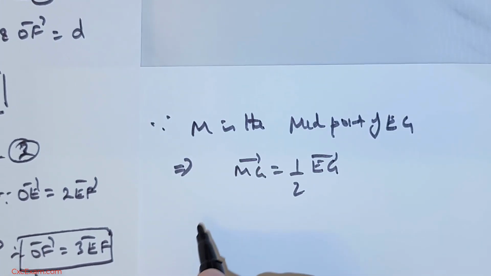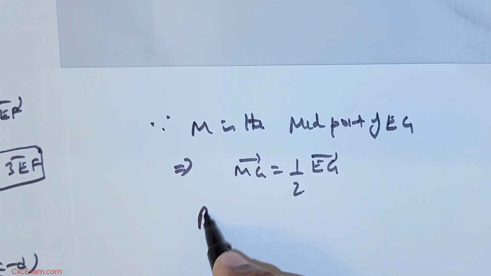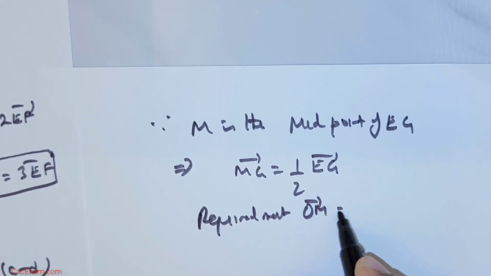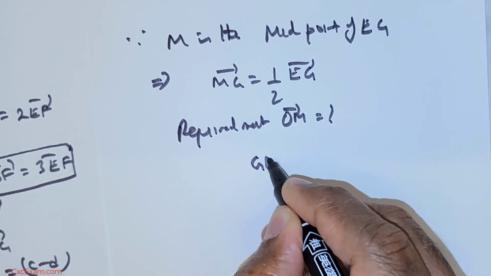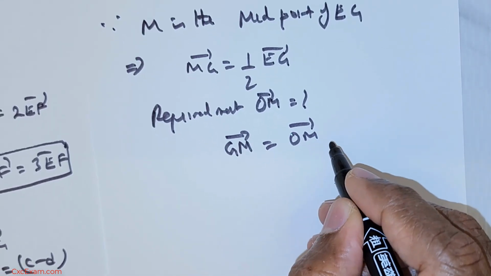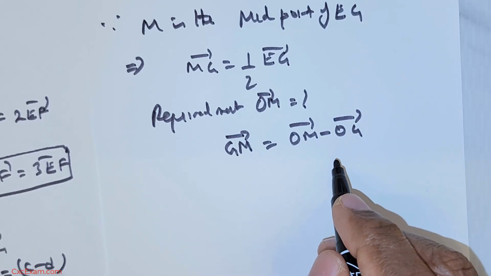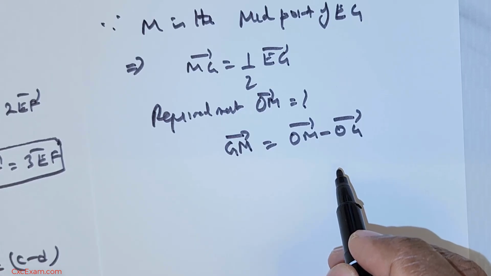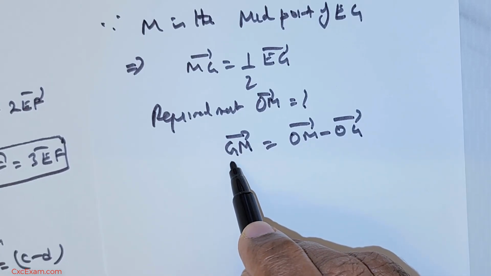Now it is imperative to understand that the requirement is OM. Okay. Now how do we get OM? Suppose we have this GM. GM is nothing but from the laws of vector, OM minus OG vector. I would have to get this GM.